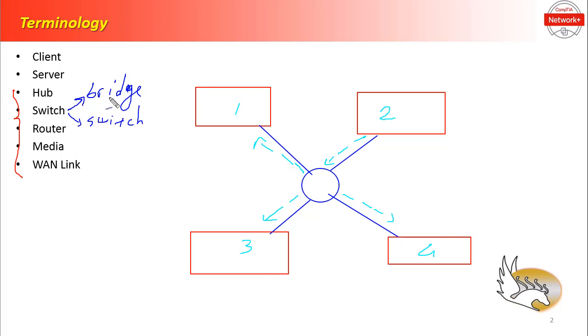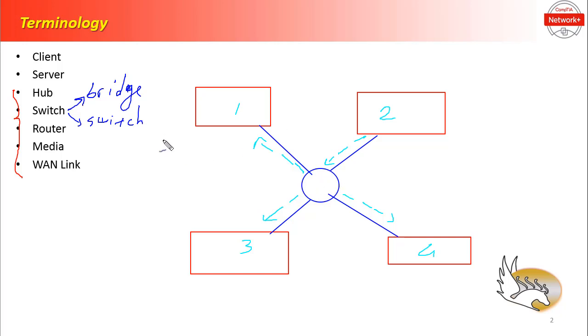And right now, switches are very cheap, and we can buy switches with a few $100 and use it in our network. The best type of switches, of course, a few $100. Some of them are even cheaper than that. So switch is a little more intelligent than a hub. It doesn't just amplify the signal and send it on interfaces.